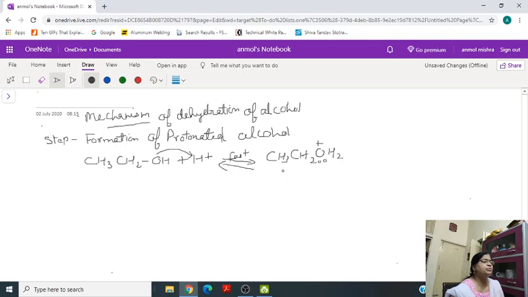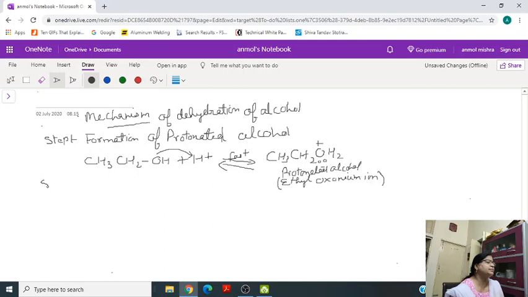It forms protonated alcohol, also called ethyl oxonium ion. This is step 1.